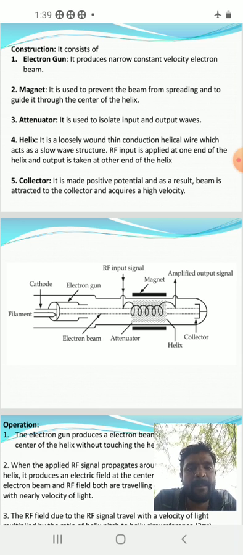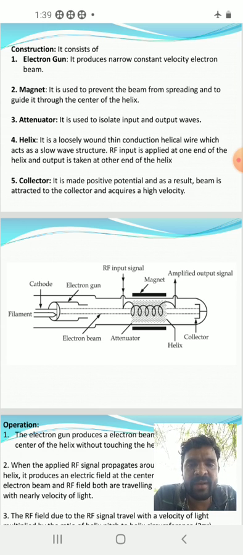RF input is applied at one end of the helix and output is taken from the other end. The collector is at positive potential and is used for collecting the electrons generated by the filament or cathode. This is the construction of the traveling wave tube.